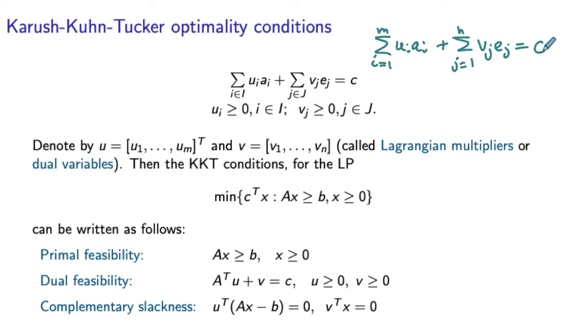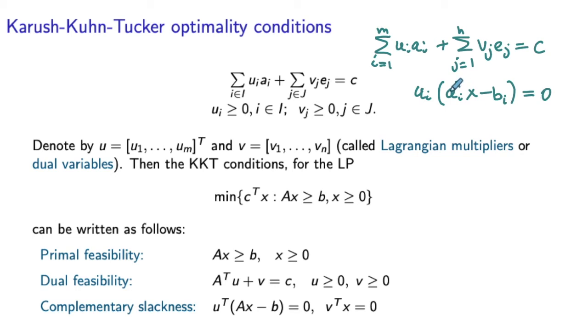But now we need to make sure that whenever the constraint is non-binding at the point that we are considering, then the corresponding multiplier ui is equal to 0. Similarly, whenever the non-negativity constraint is not satisfied at equality, we have to have vj equal to 0. The way we can express this is to say ui times (ai transposed x minus bi) is equal to 0.